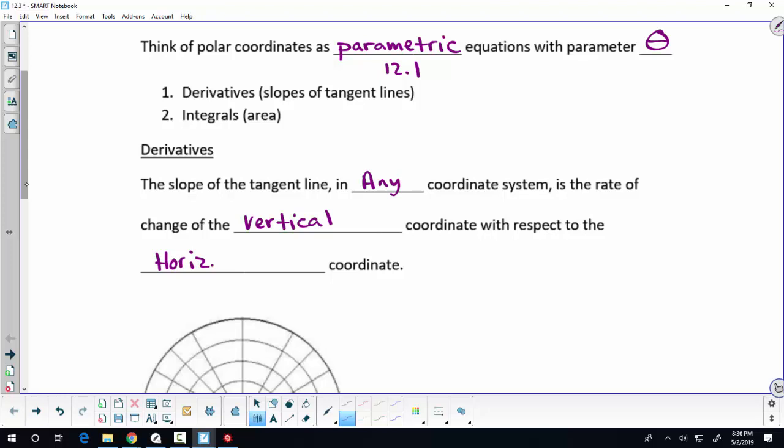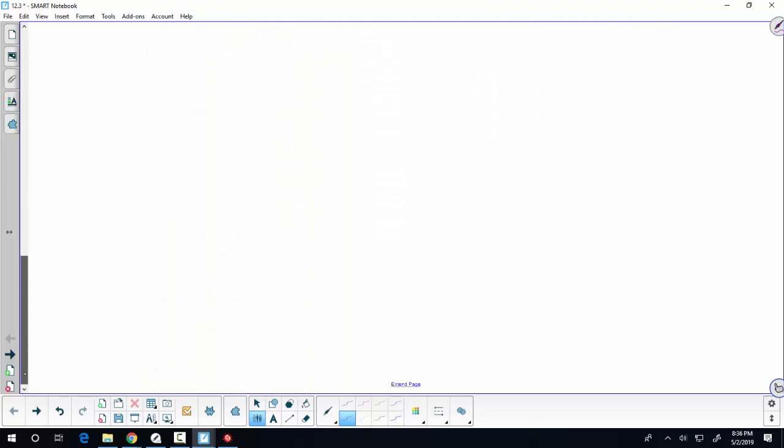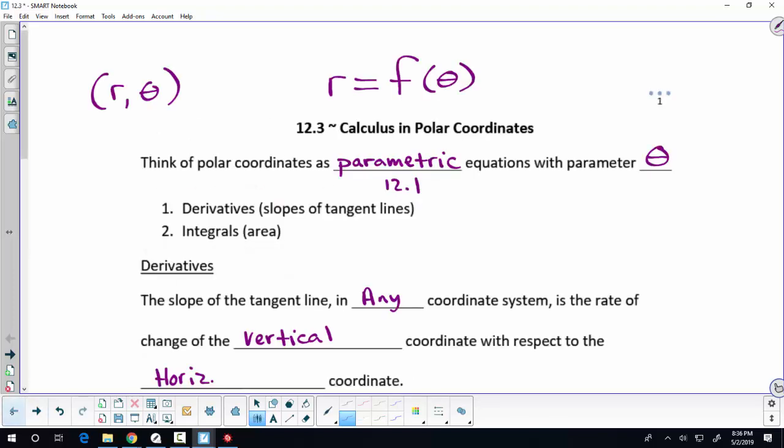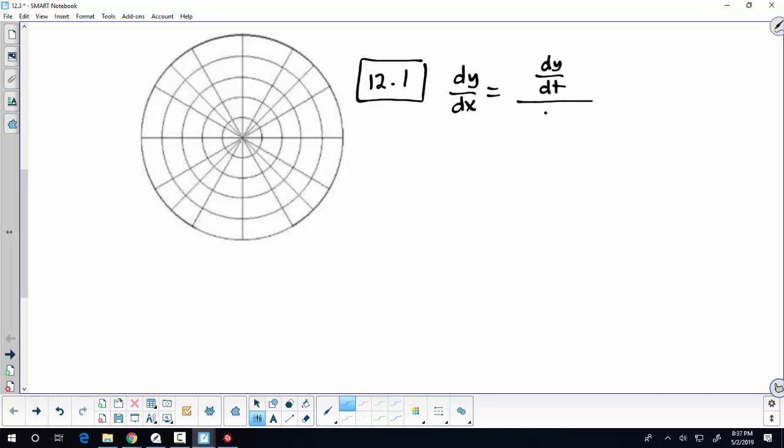Dy over dx, kind of thing. I realize I don't have the formula for the derivative, but I want to show that here. As a reminder, from 12.1, the derivative of y with respect to x was the derivative of y with respect to t over the derivative of x with respect to t.